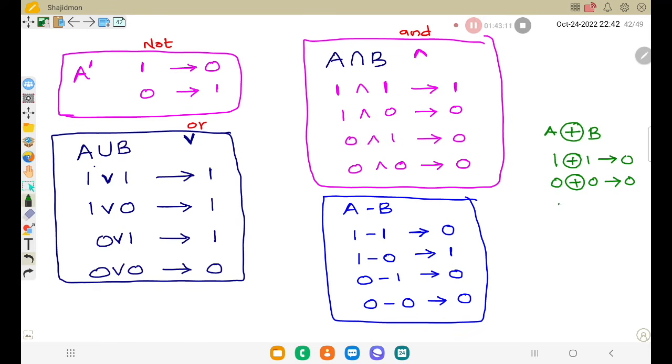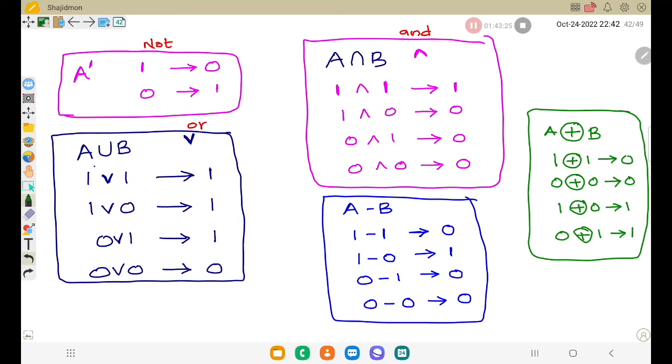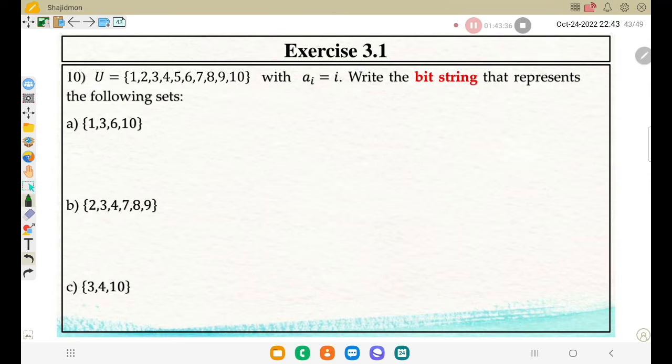All other case 1. 1 symmetric difference 0 means 1 and 0 symmetric difference 1 means 1. So this is the idea in the symmetric difference. So that all table we can conclude like this. Okay, just remember the various operations. Okay, now we will go to the questions.